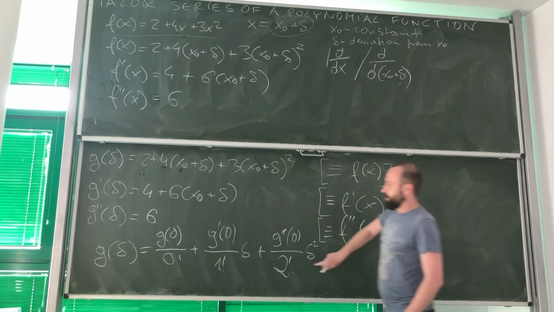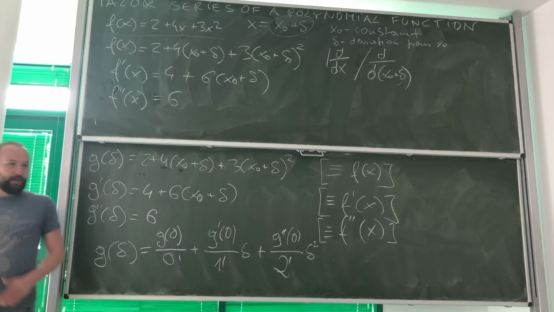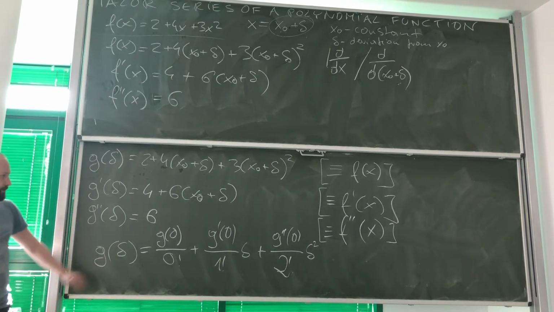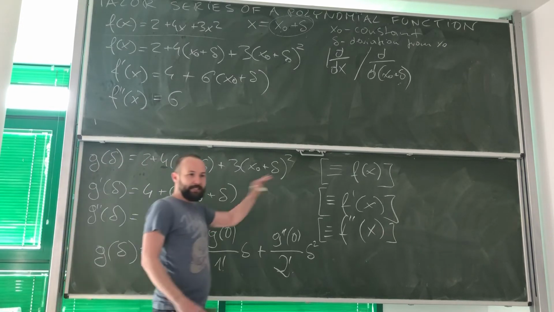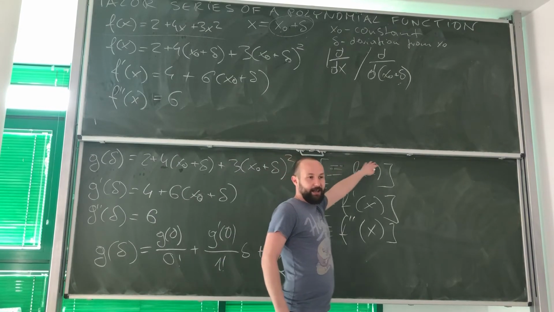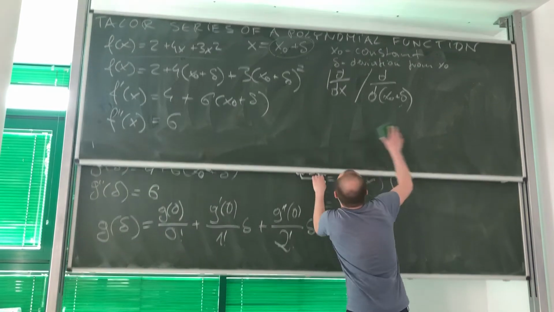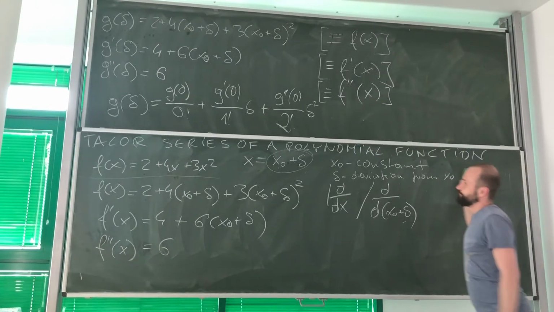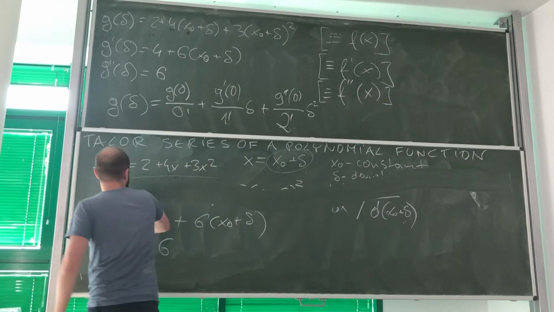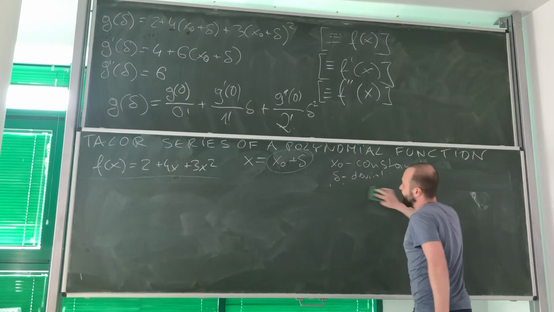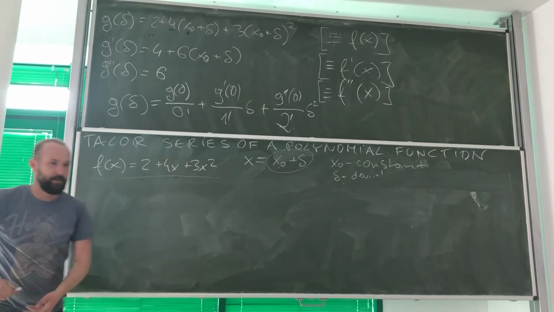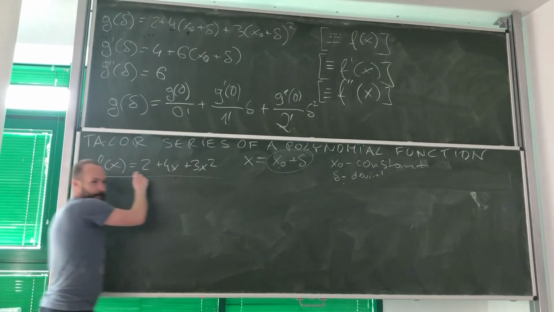Okay, so now that we've actually used Maclaurin's formula to expand the g function, let's leave this function and leave what we assumed at the very beginning.